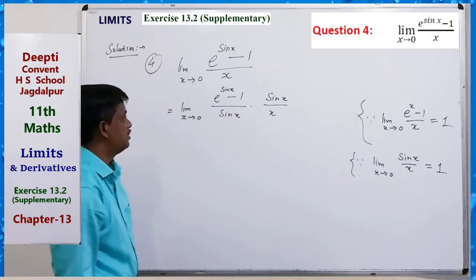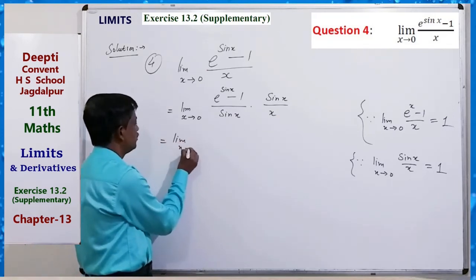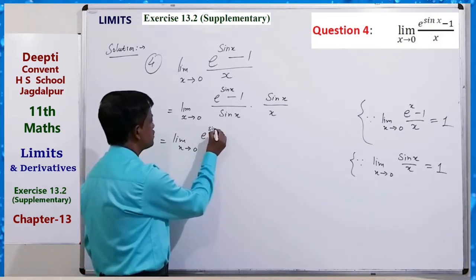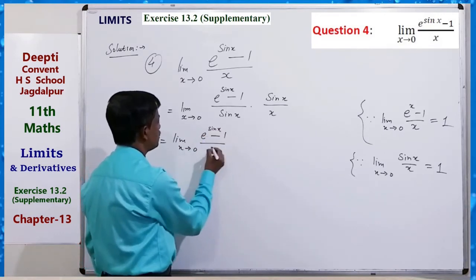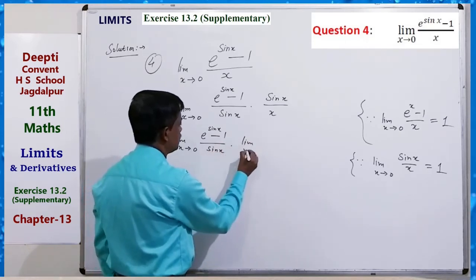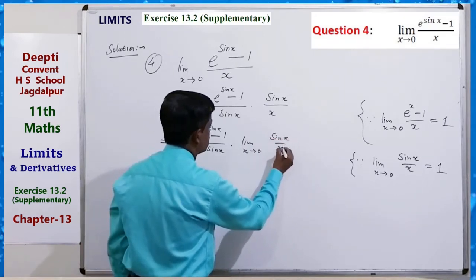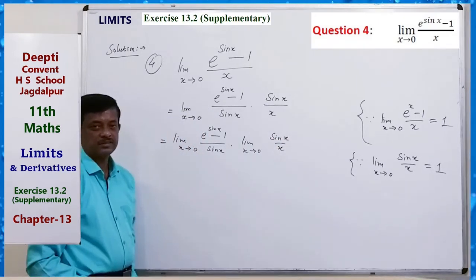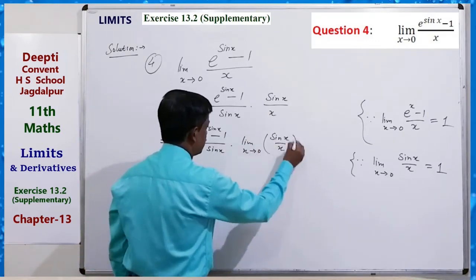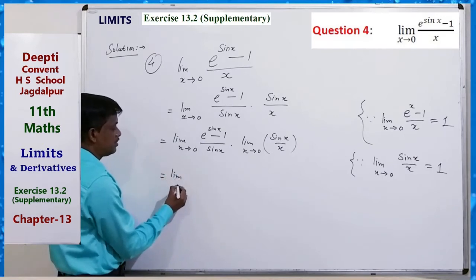Now limit x tending to 0 of (e to the power sin x minus 1) upon sin x, by algebra of limit, times limit x tending to 0 of sin x by x.